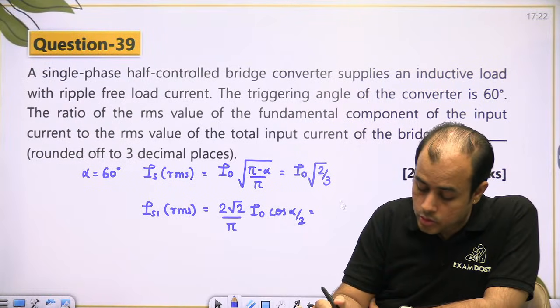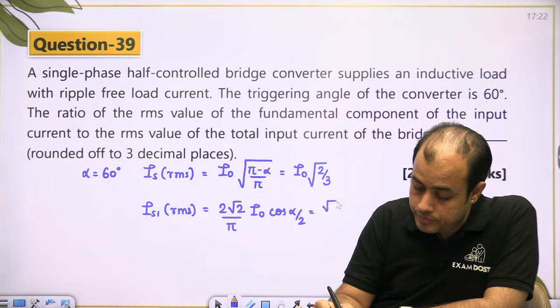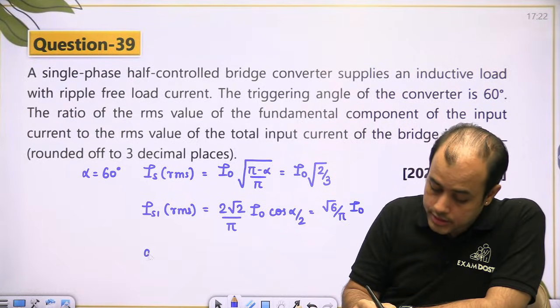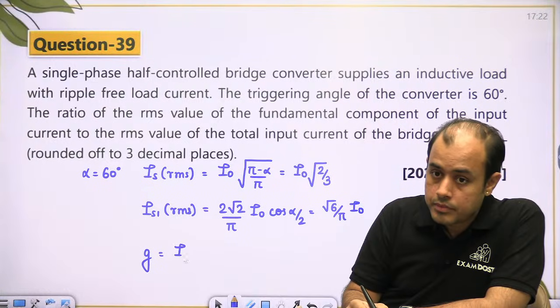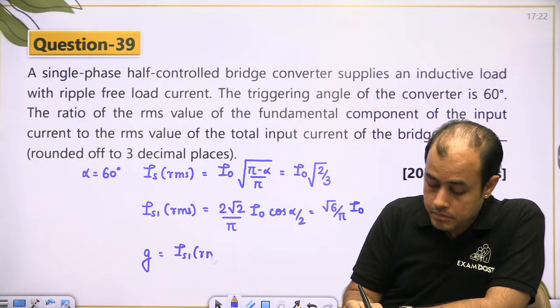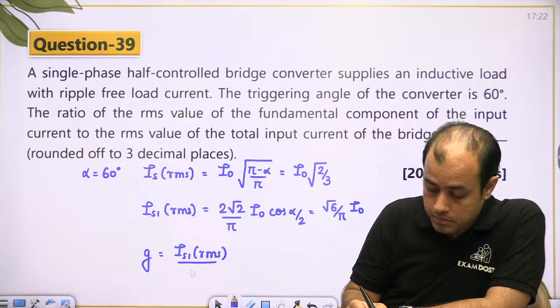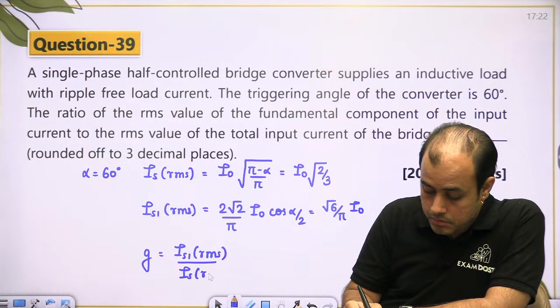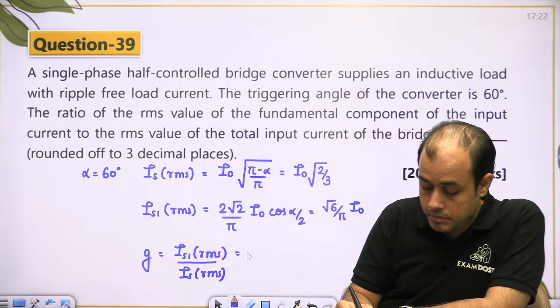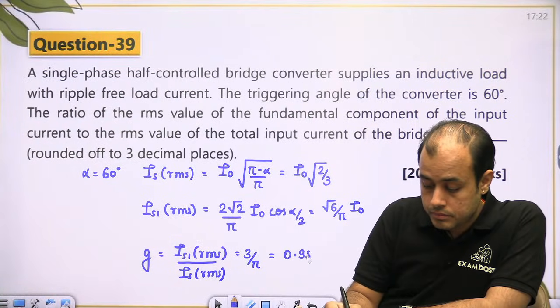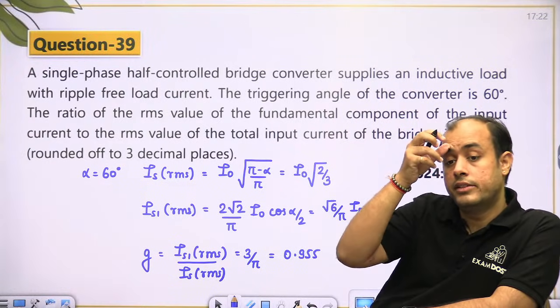Cos 30 is root 3 by 2. Now G. .955. Okay.